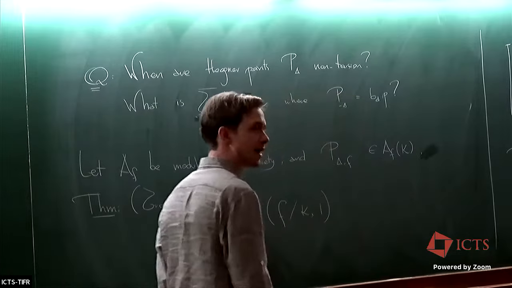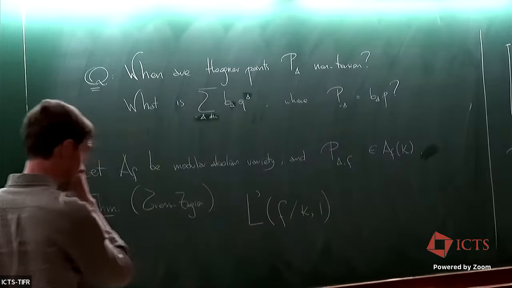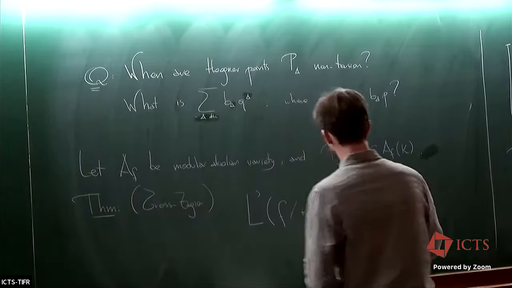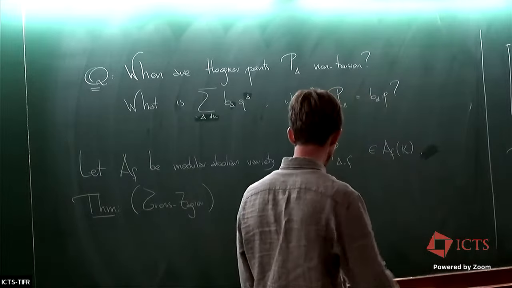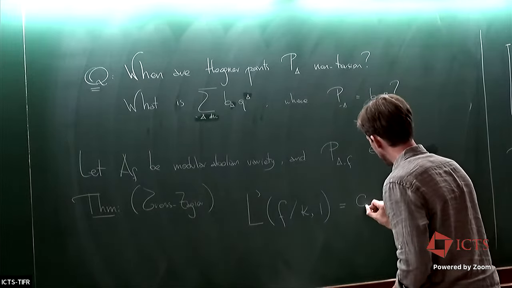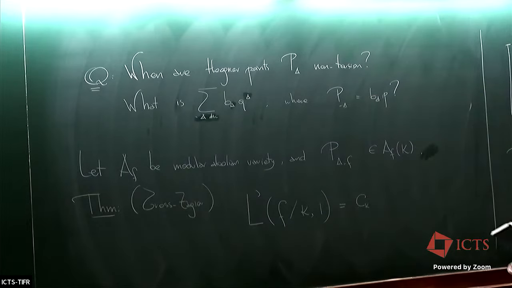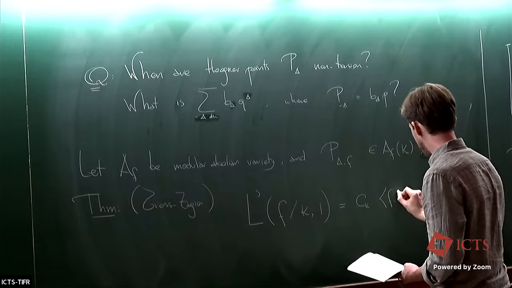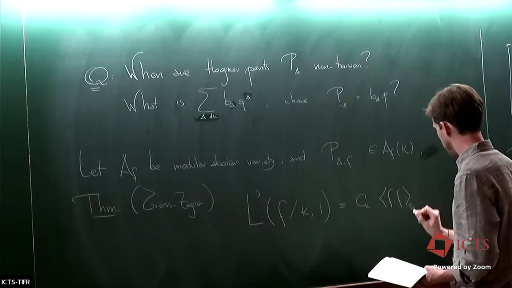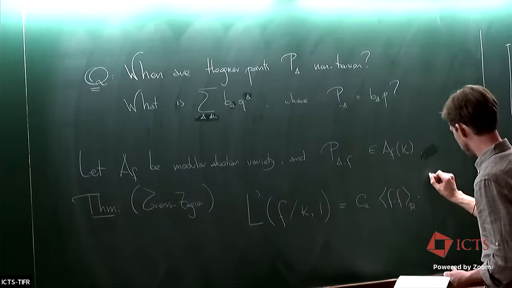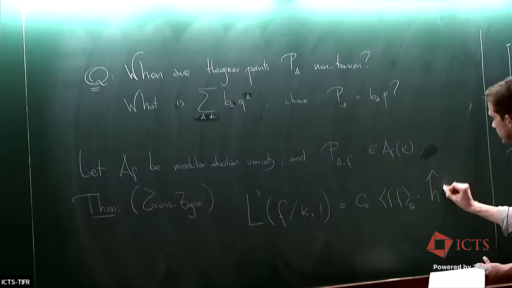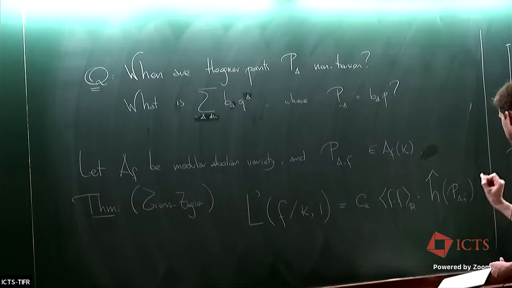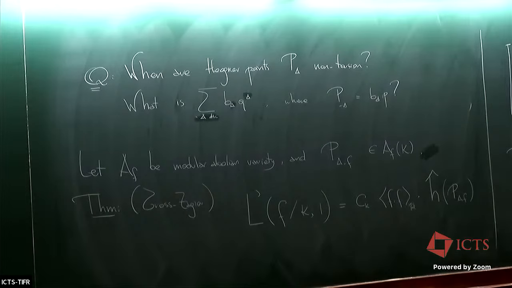I want to know about the value at 1, but in fact I want to know all of the derivatives, but Gross and Zagier tell me about the first derivative. They show that this is the same as some constant, which depends only on the field K, so 8 pi squared over the discriminant or something, times the Petersson inner product of f with itself, times, and this is the interesting term, the canonical height inside of A_f of this point, which I've called P_delta. That is the equality that they prove.